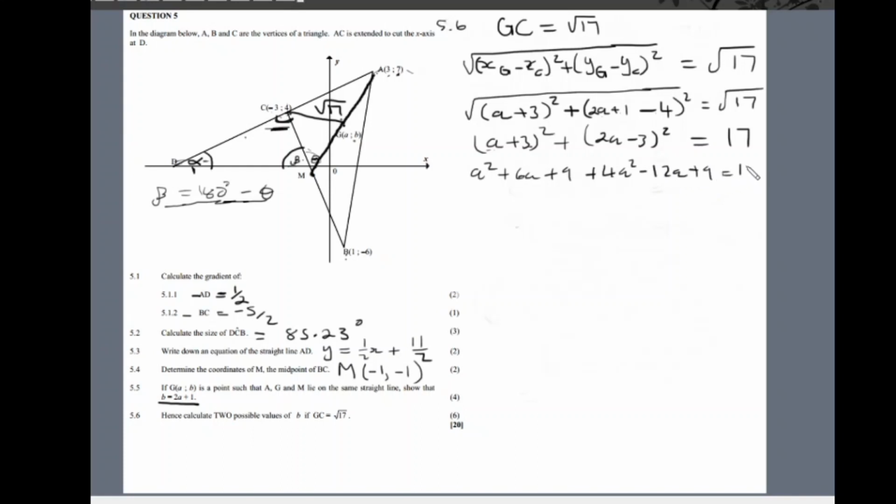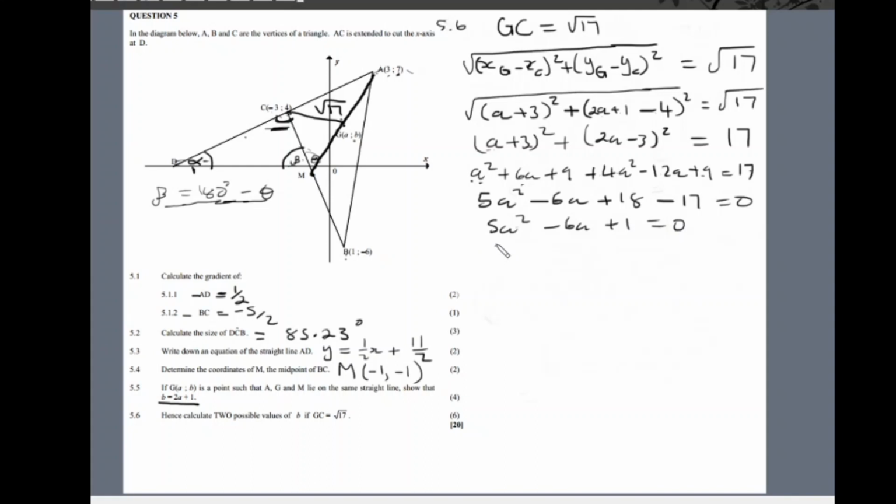So it's going to be equal to 17, right? And then I just collect like terms. So a squared plus 4a squared will give me 5a squared. 6a minus 12a will give me minus 6a. 9 plus 9 will give me 18, and then I will bring that 17 to this side. I'll have minus 17 equals 0. So I'll have 5a squared minus 6a plus 1 equals 0, right?